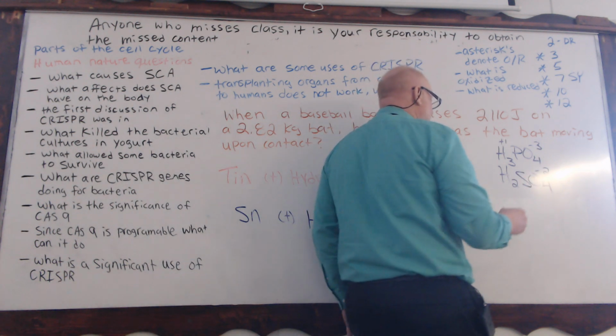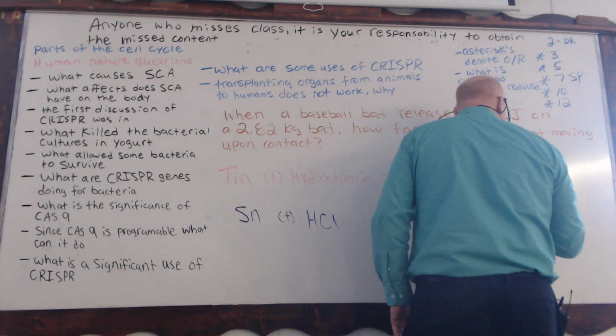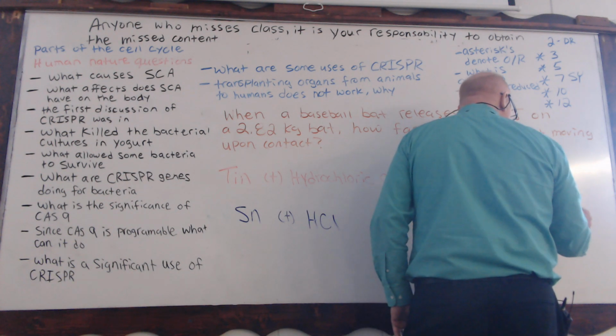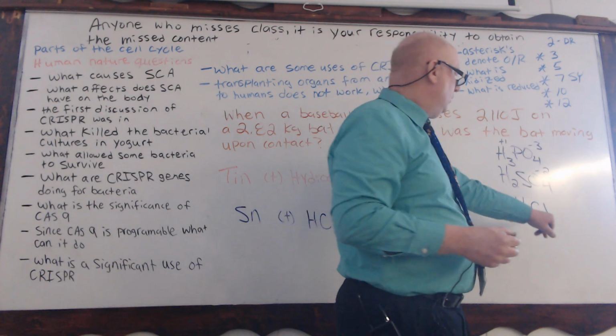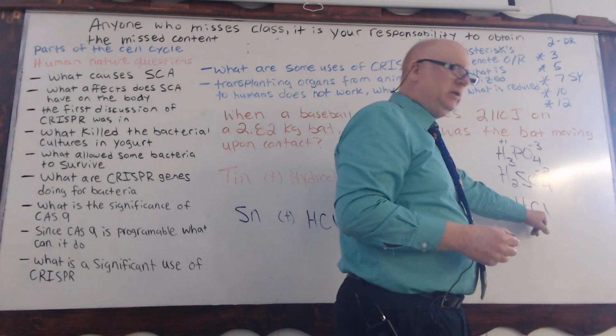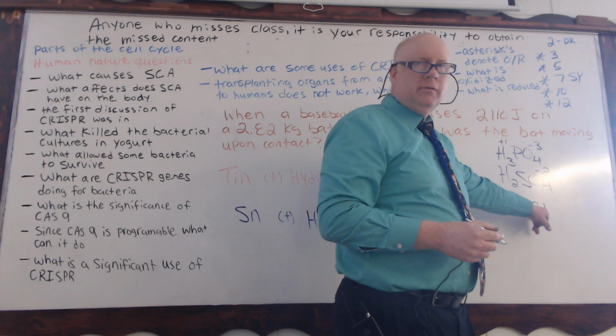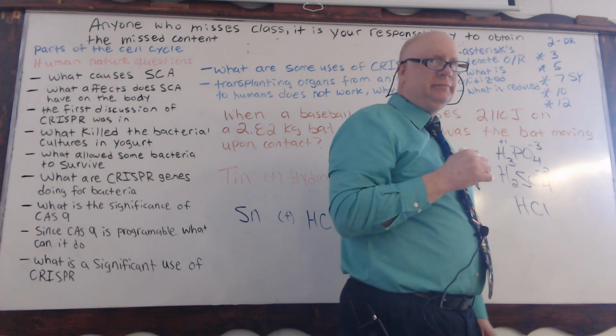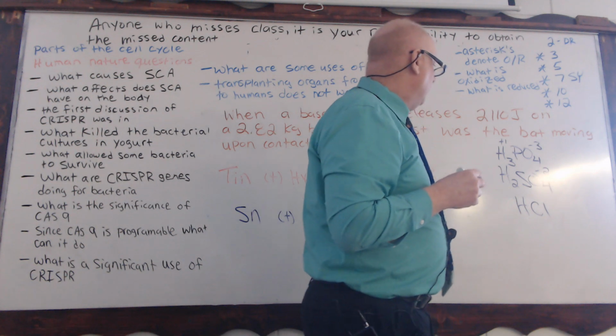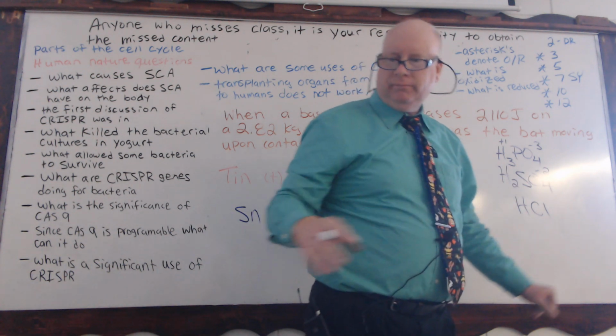Sulfuric acid. Okay? Then, do we need to change anything here? No. And since it's got chlorine in it, okay, how many are there? We'll just keep it to these 3. Okay? So then this would be your hydrochloric acid.